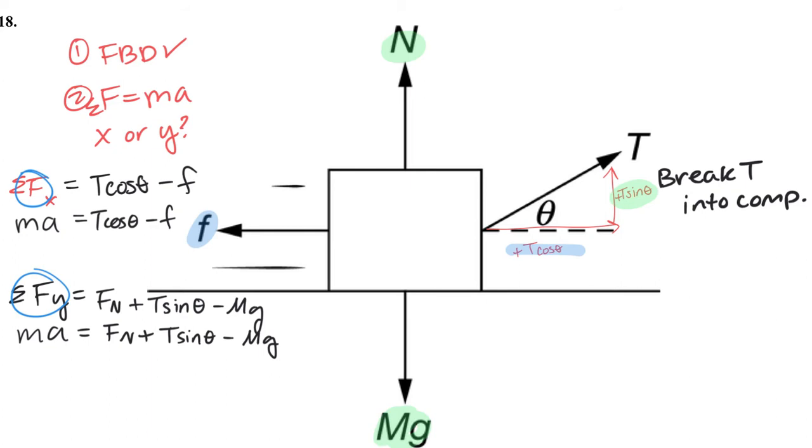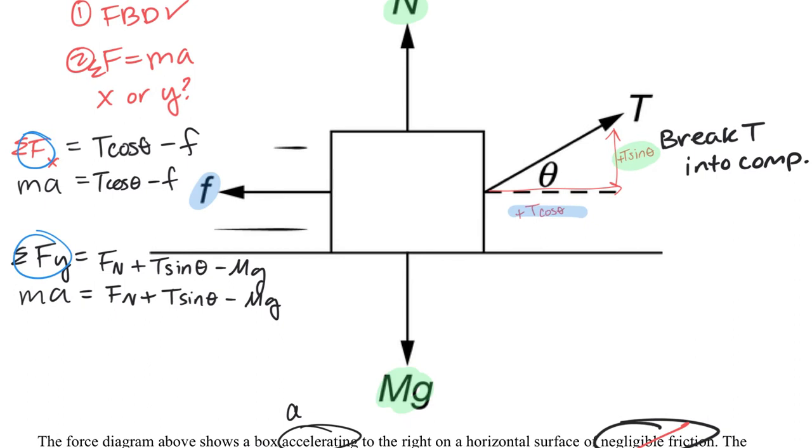So if I'm looking at my problem, it says the box is accelerating to the right. But it never says anything about it accelerating up or down. So I know it's accelerating to the right, therefore my A in the sum of the forces in the x direction is going to be some sort of number.